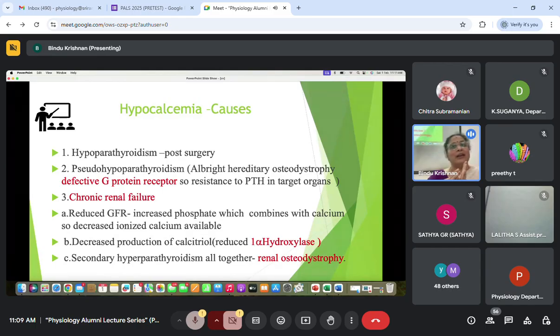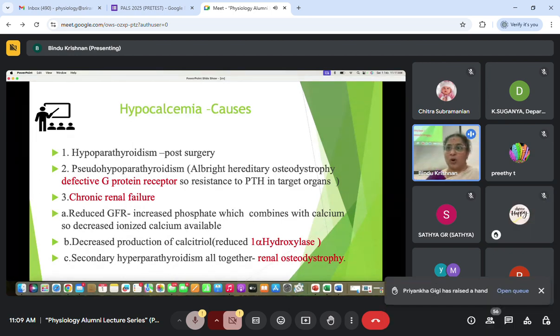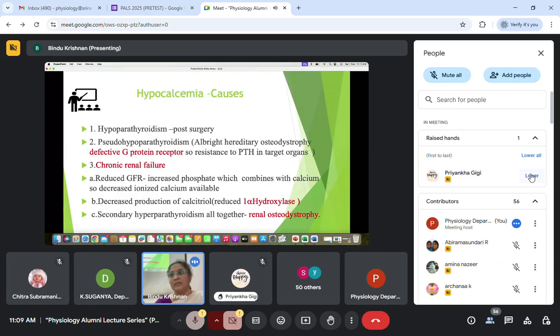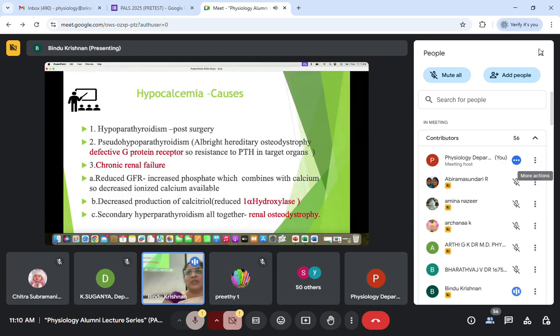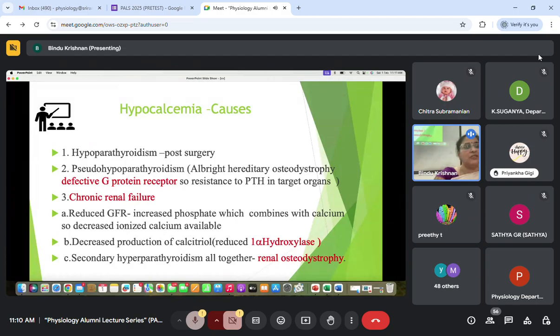In a condition like Albright hereditary osteodystrophy, my parathyroid is secreting parathormone normally, but there is a problem with the receptor, the G protein receptor, in the end organs where PTH has to act. So I have a situation where there is resistance to PTH, right?